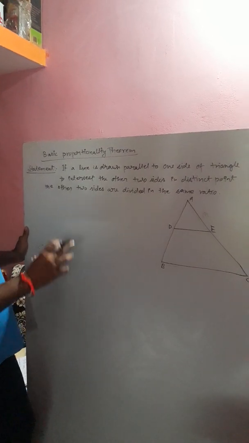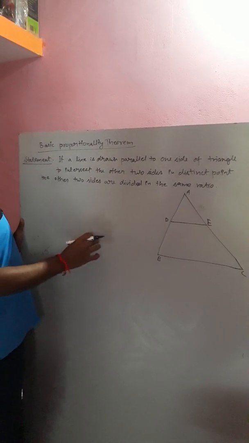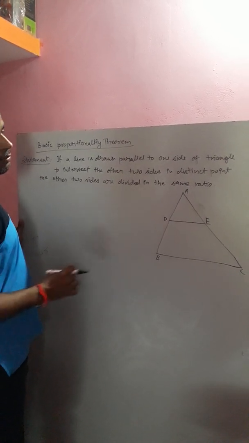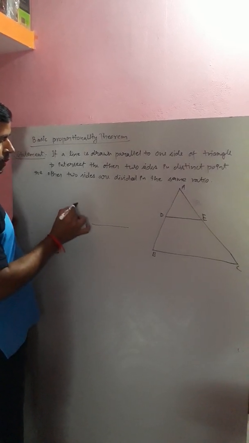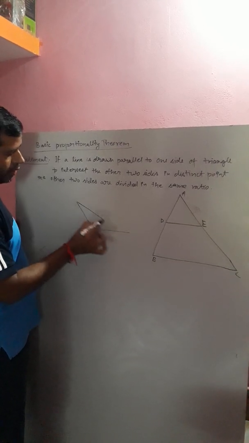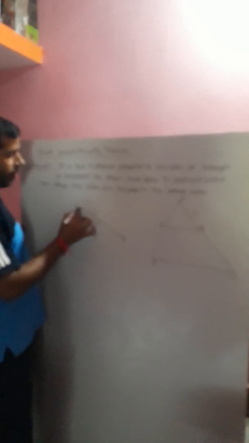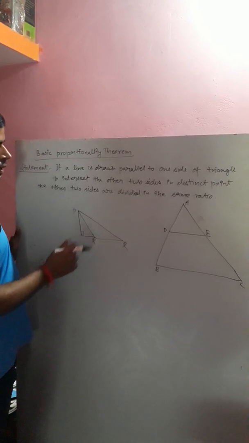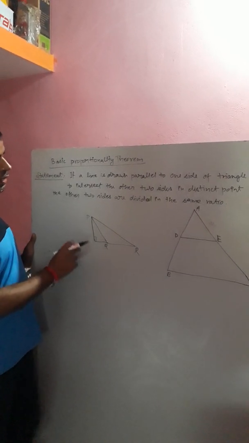So first, how can we prove this? For proving this statement we require some construction. As we know, if there is an obtuse angle triangle, suppose here we have an obtuse angle triangle PQR, and we draw an altitude or perpendicular from one vertex, it will go outside of the triangle. That is, the height of an obtuse angle triangle will be outside of the triangle.